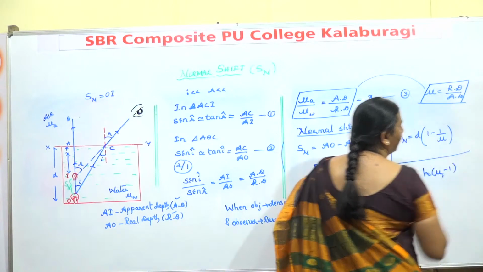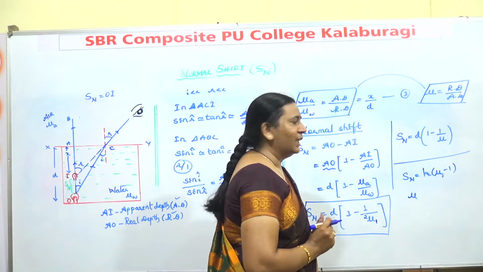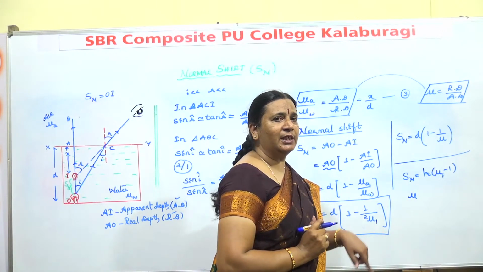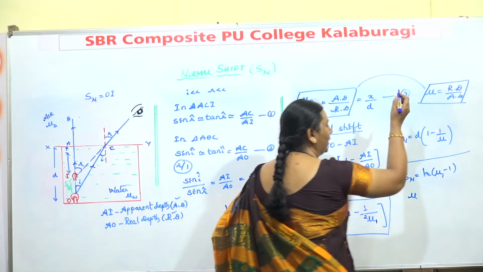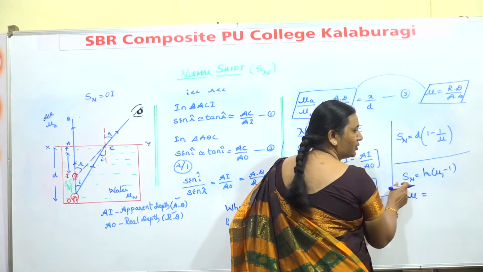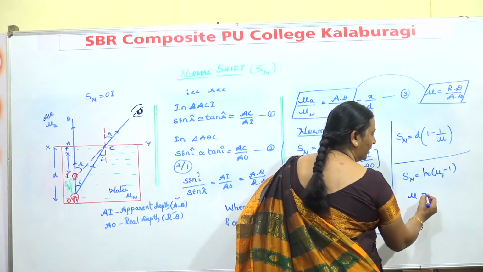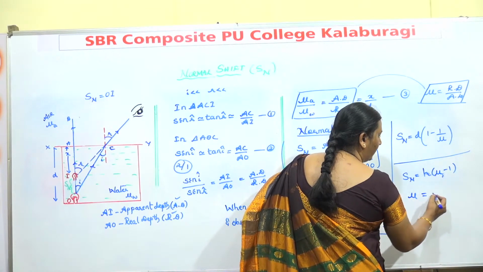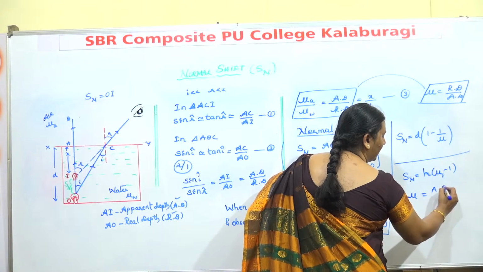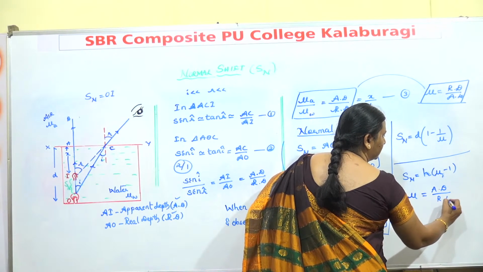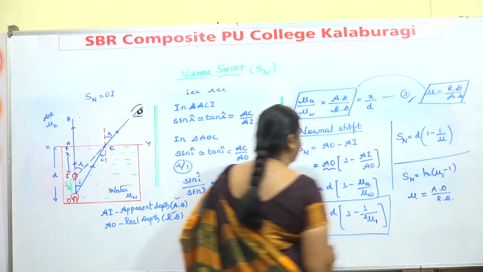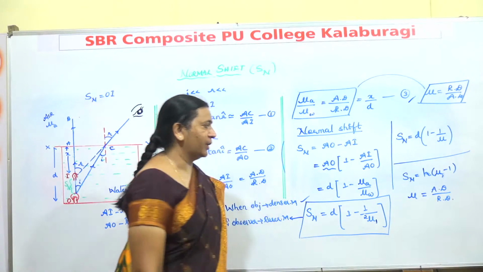But if the observer is in the denser medium and the object in the rarer medium, the formula also changes and you get the opposite: apparent depth by real depth. So this equation as well as this equation is important.